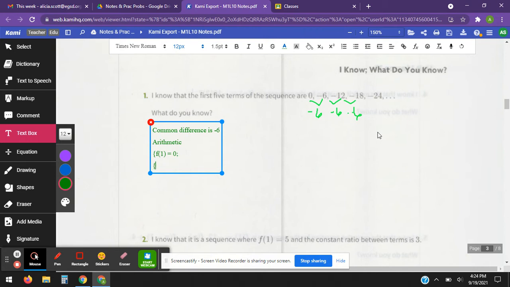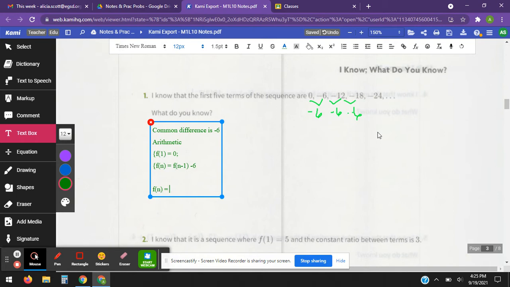So we know this is all part of the recursive: f of n equals f of n minus 1, and I know I'm subtracting 6 each time. All right, so there's my recursive. Let's do an explicit.